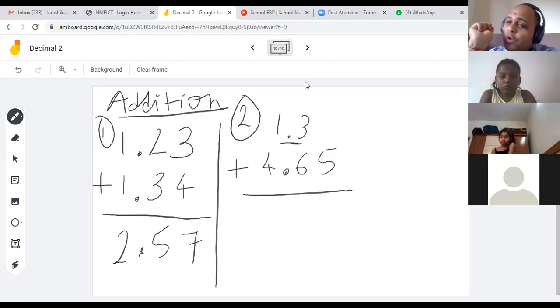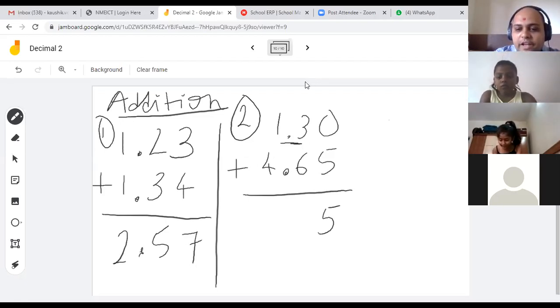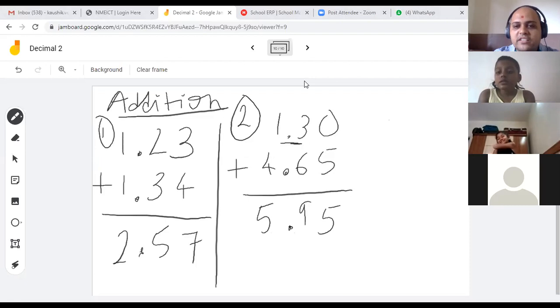So what do we do? We put 0 here. Why? Because this 0 has no significance, it is of no value. Now it is simple addition. 5 plus 0 is 5, 3 plus 6, 9, and 4 plus 1 is going to be 5. All right, one more example.